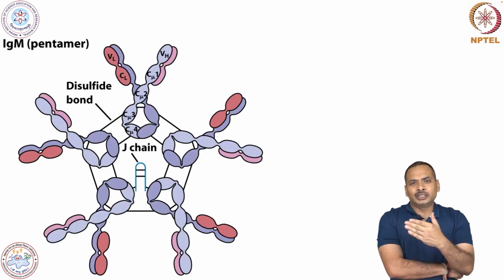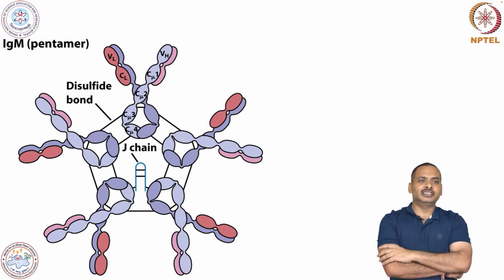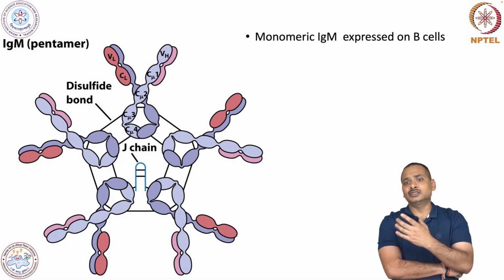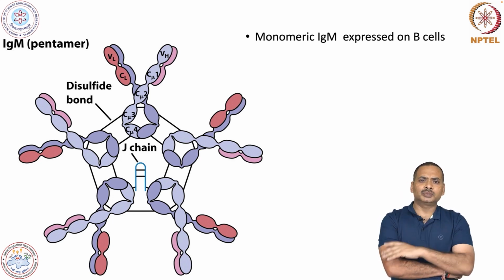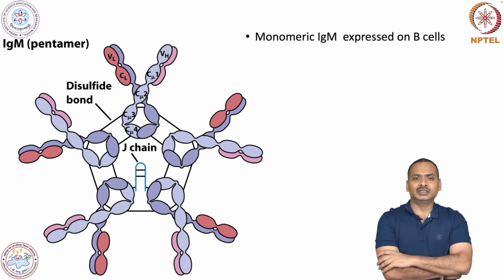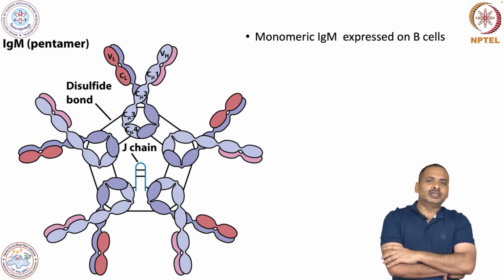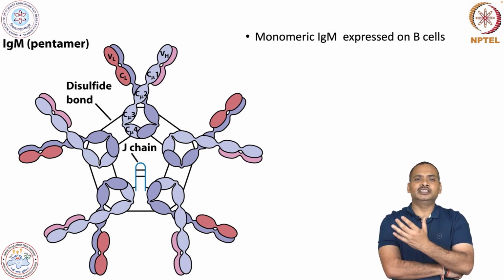So now I will talk a little more about the particular subtypes. So IgM is basically present in pentameric form. It is also present in monomeric form and expressed on the B cells. So the first antibody which is generated against the antigen is IgM.